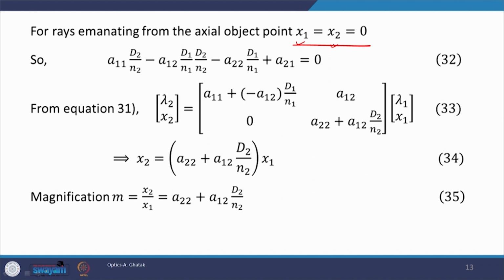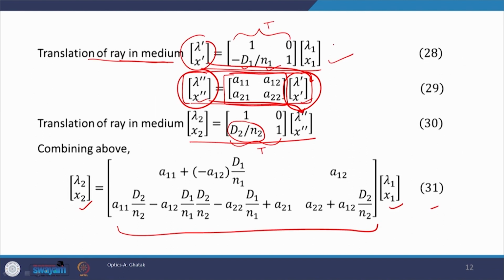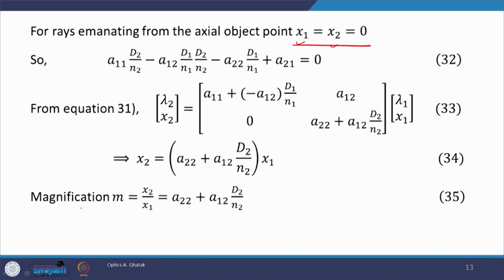And if you substitute and expand equation number 31 for x2, the expression of x2 as we did previously, then the coefficient of lambda 1 must be equal to 0.